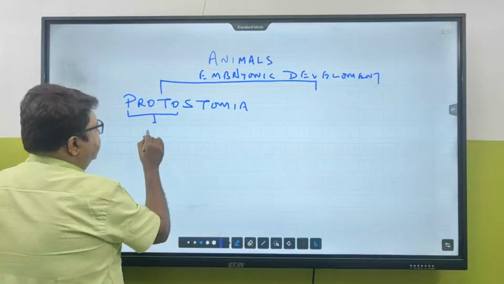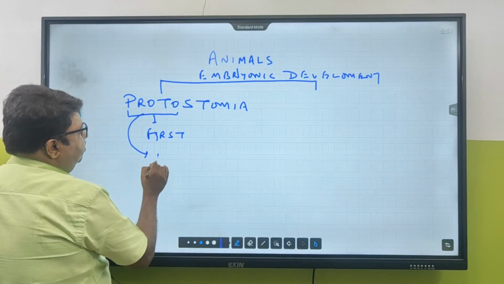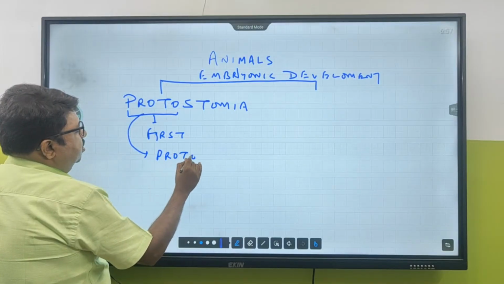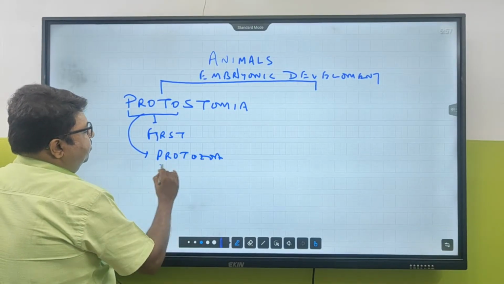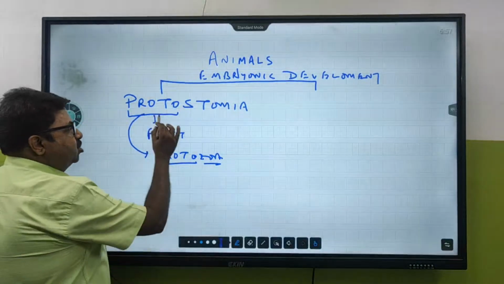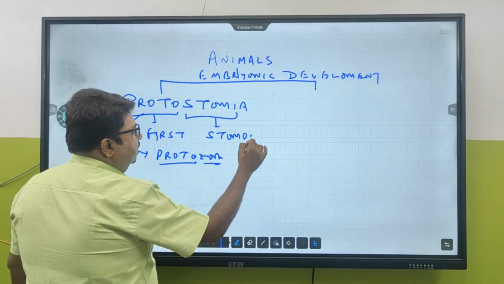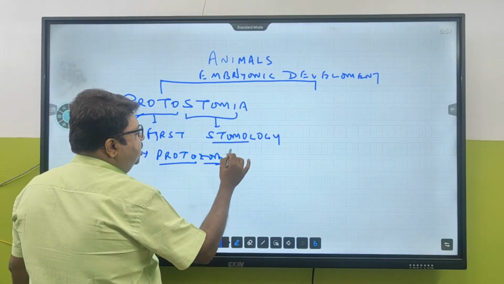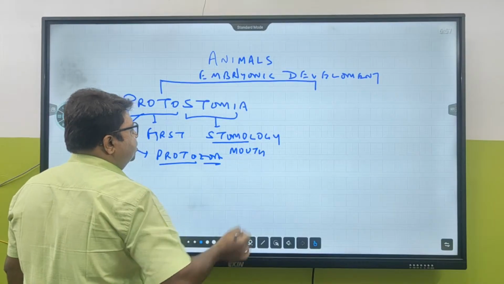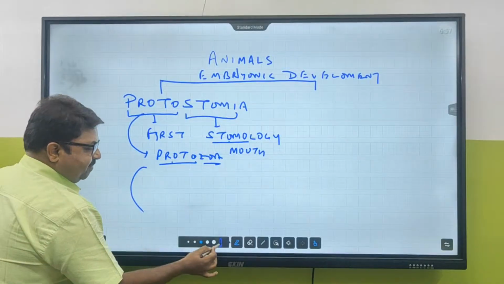Proto means first, like in the term protozoa, meaning first animal, where zoa means animal. And stomia comes from stomology, the study of the mouth. So in protostomia, the mouth develops first, then the anus.